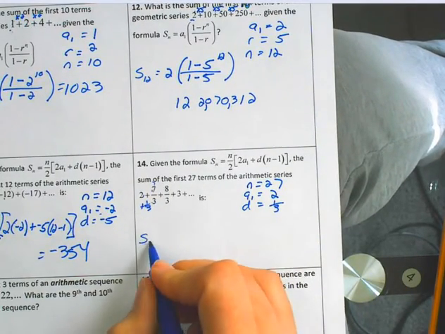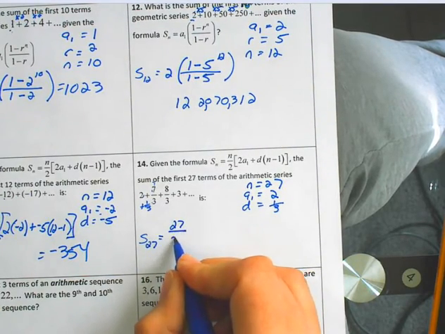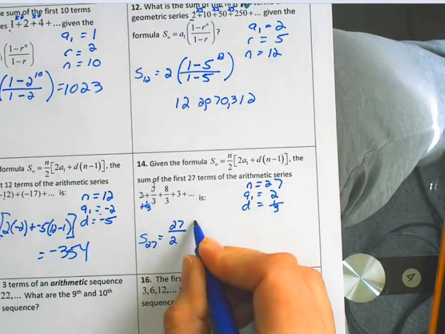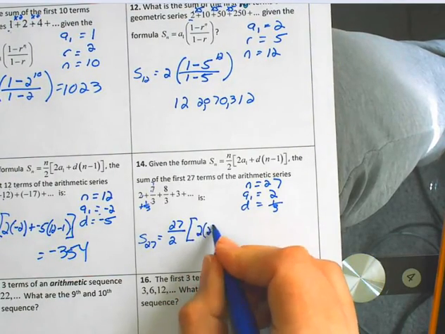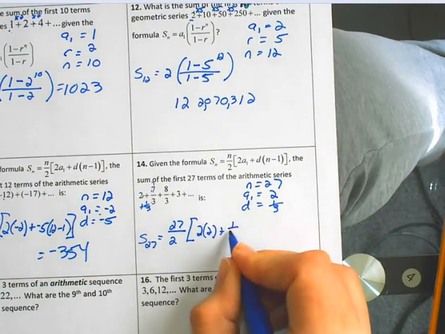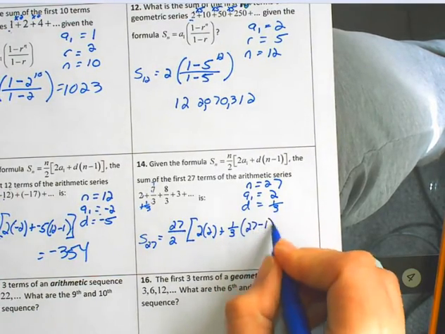S 27 equals n, which is 27, divided by 2 times 2 times a sub 1, which was 2, plus my common difference, which was 1/3, times 27 minus 1.